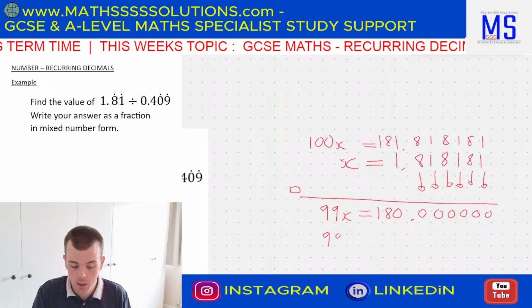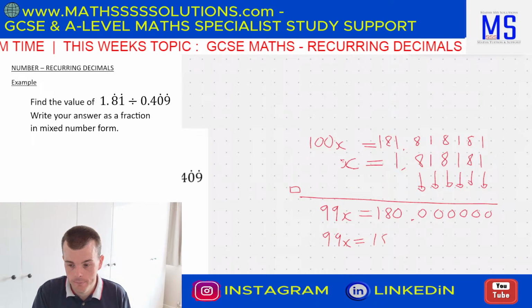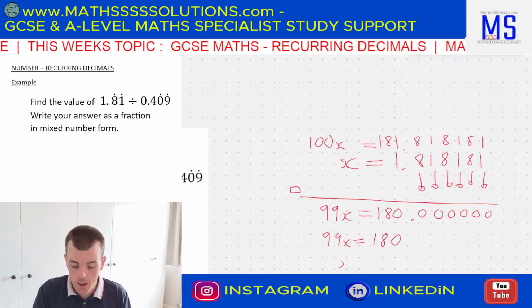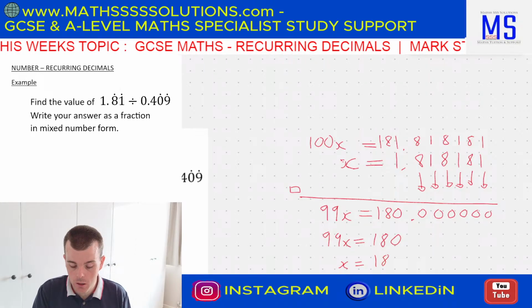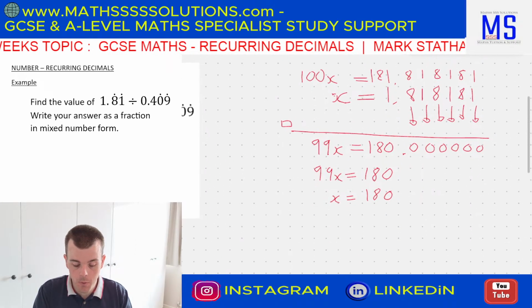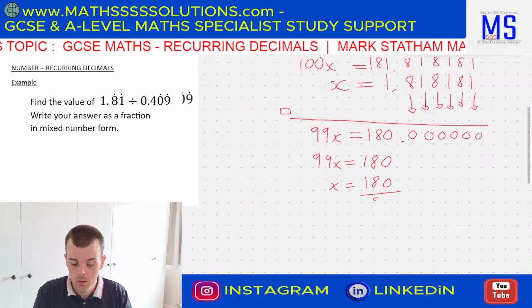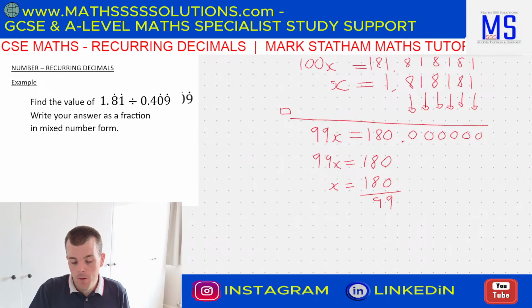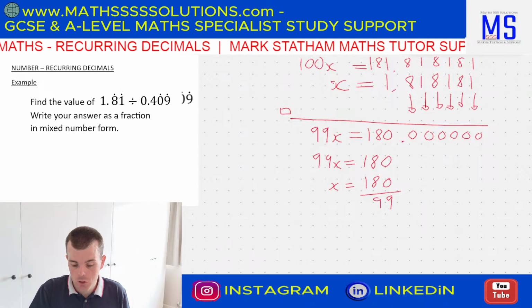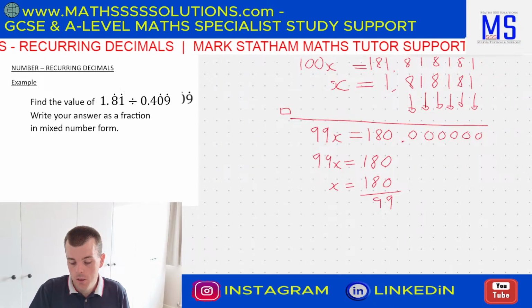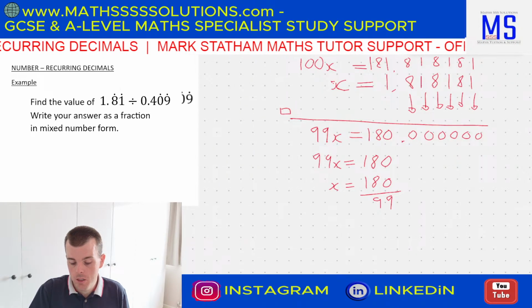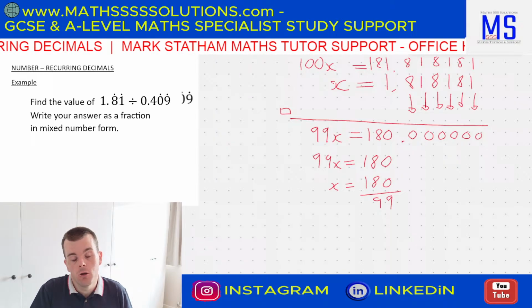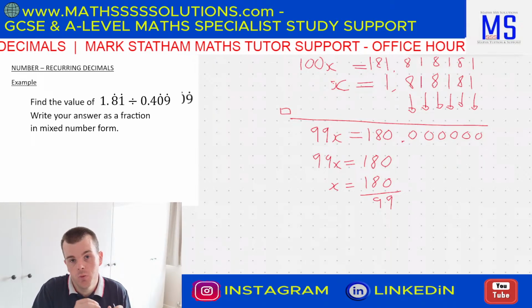So 99x is 180, and x equals, when you divide both sides by 99, 180 over 99. Always be aware, can you simplify it? So if we look at this one, can we simplify? Well, there's a 9 in the numerator, and if you're not sure how to do that, try and split it up into prime factors.